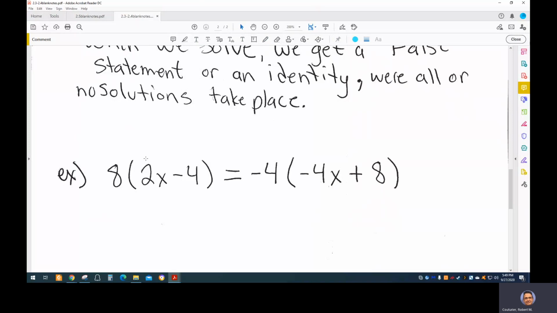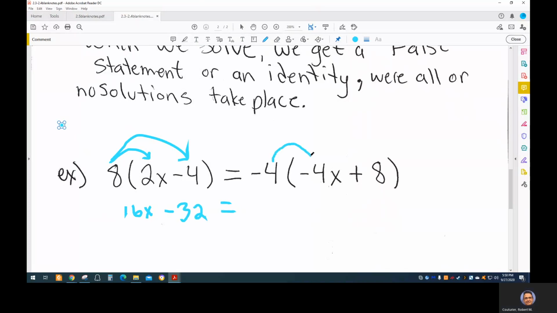As we look at this, we notice distribution is going on. So we have to be careful, right? There's a distribution on this side of the equal sign, and we have to distribute on this side of the equal sign. 8 times 2 is 16x. 8 times negative 4 is a minus 32.